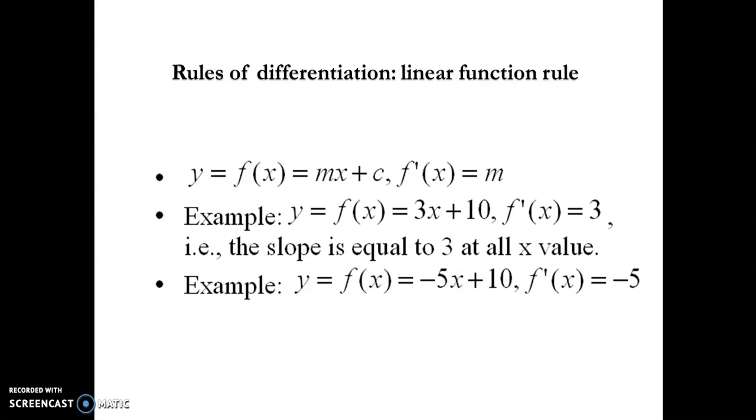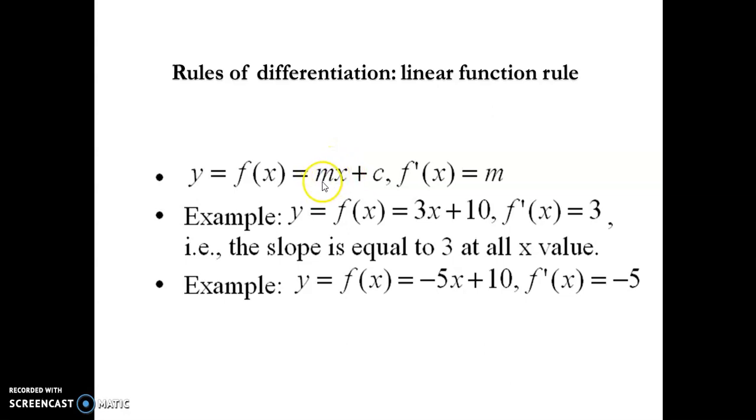The next rule is the linear function rule. The linear function rule states that the derivative of a linear function is equal to the coefficient of x. So here we have a linear function, y is equal to mx plus c, and the coefficient of x is typically the number that is next to the variable x.